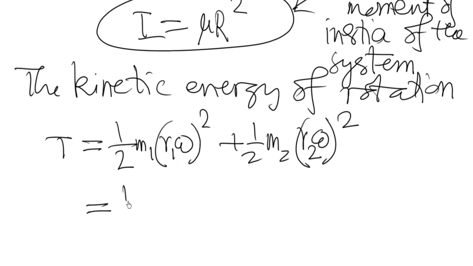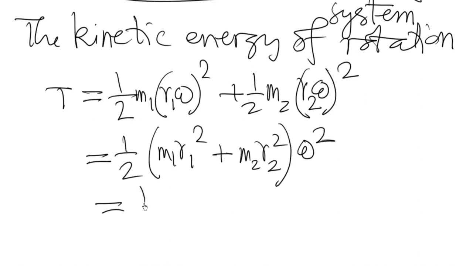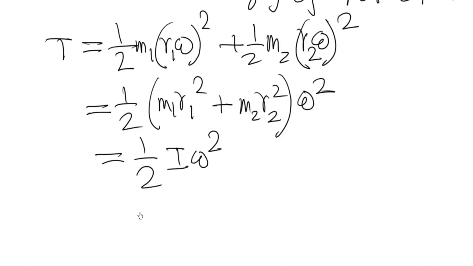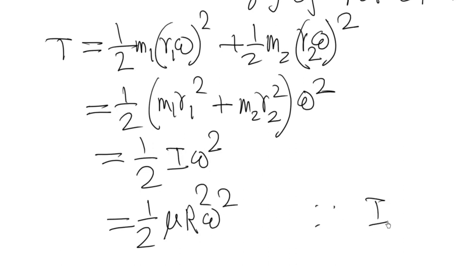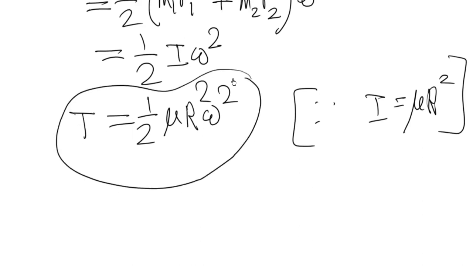So we can write this as half of m1 r1 square plus m2 r2 square, times omega square. So it's half I omega square, and since I is mu into r square, it's half mu R square omega square. This is the kinetic energy of rotation of the rotor.